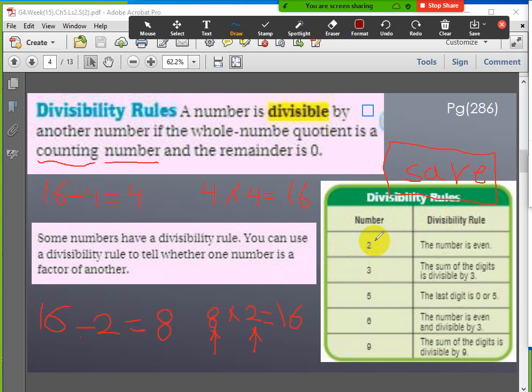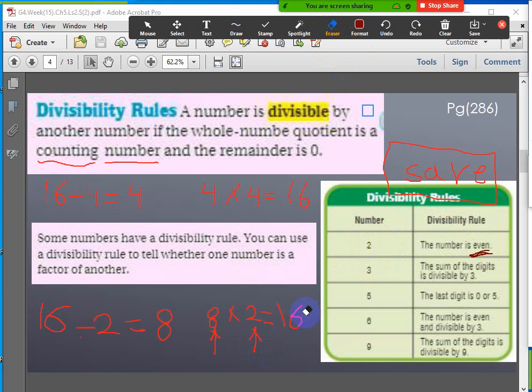How will I know that? There is a rule you have to follow: the number must be an even number to be divisible by 2.